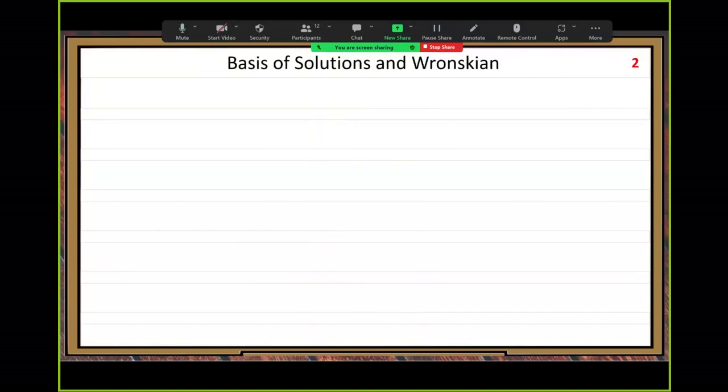Basis of solutions and the Wronskian. This time we consider basis. Eigenvalue problem, basis closely related to eigenvectors. So let me carefully introduce the notation, because here we use a lot of linear algebra notations.